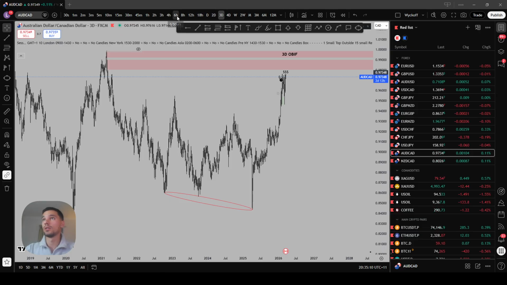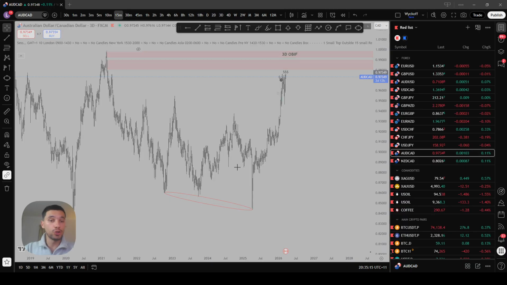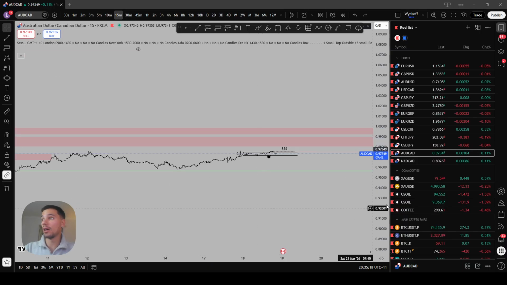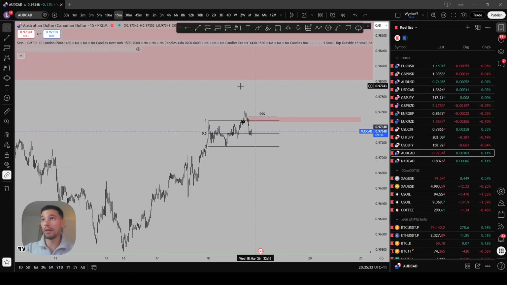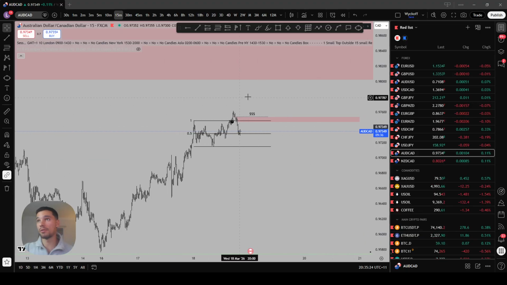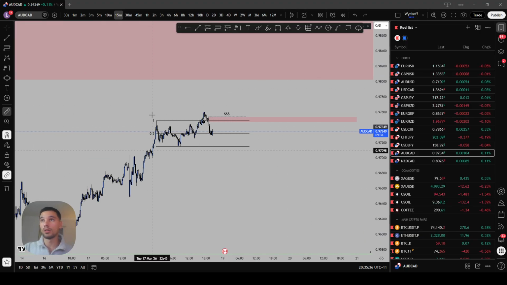But we do have key supply just above us, so if we are to short, it's got to be very, very high confluence, and we're very close to this supply, so we just have to be cautious of that.